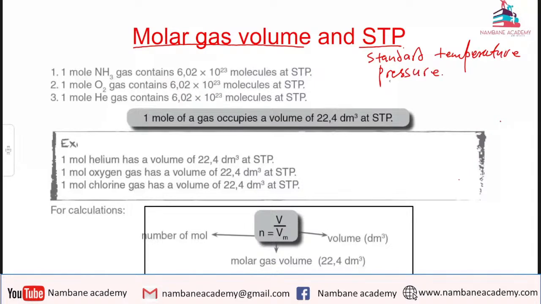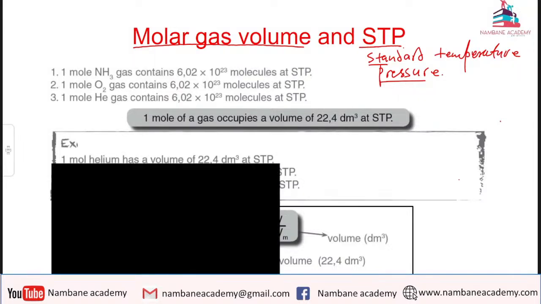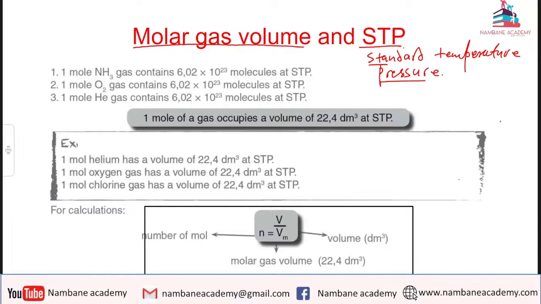So when we say that we are working with STP, the examiner should tell us that we are at STP. One cannot just assume that everything is at STP. The examiner or the information given in the stem of the particular question paper will refer now to STP.